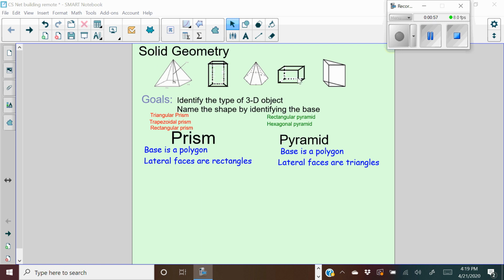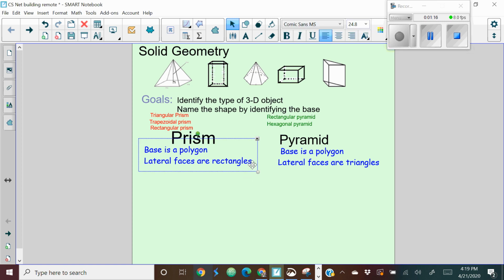So when you look at these shapes up here, some of them have triangle faces and some of them have rectangle faces, but they all have polygons for their bases. And another thing that we might add into a prism is there are two bases.